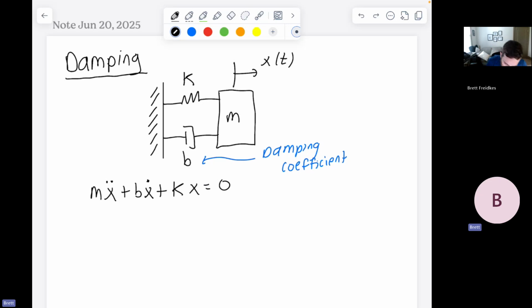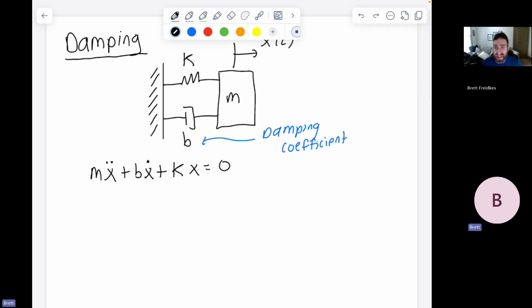So what I would like to do is try to understand what our differential equation solution is going to be with this damper's presence. And the first thing to note is that when we add the damper, we have a force that depends on this damping coefficient and also the velocity of the system.